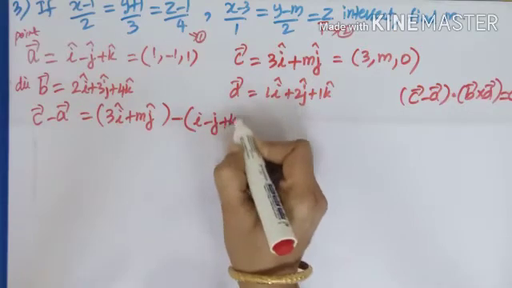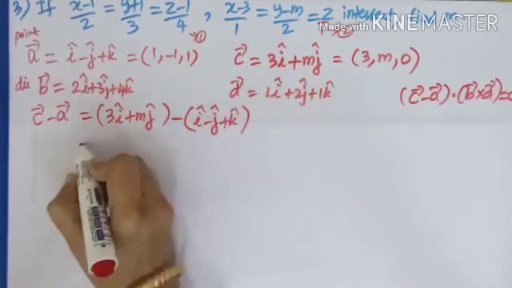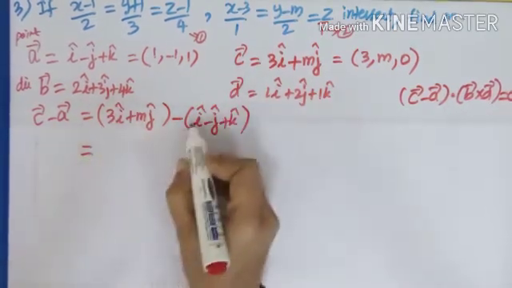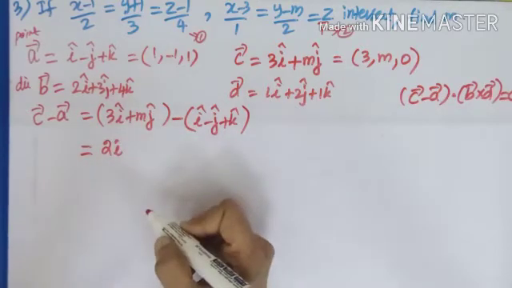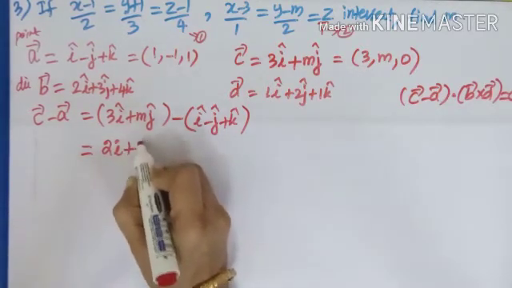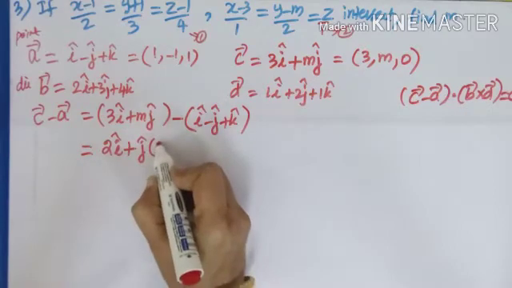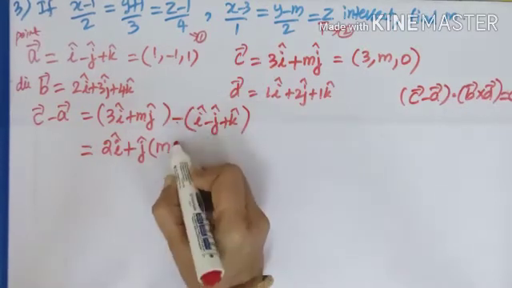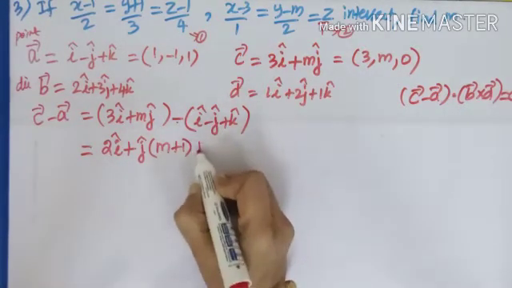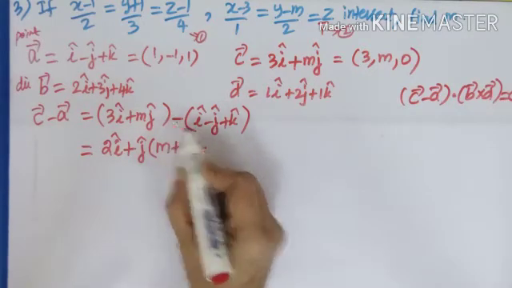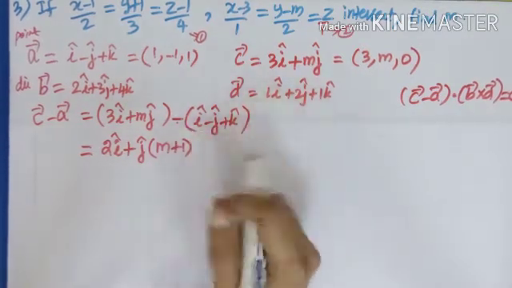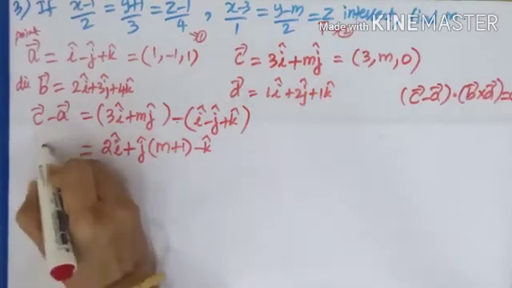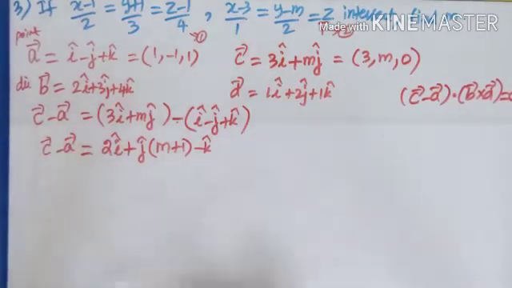I minus j plus k. As I subtract, 3i minus I is 2i plus j into, here it is m, minus of minus 1 is plus 1. And there is no k here, minus k. So this is C minus A vector.